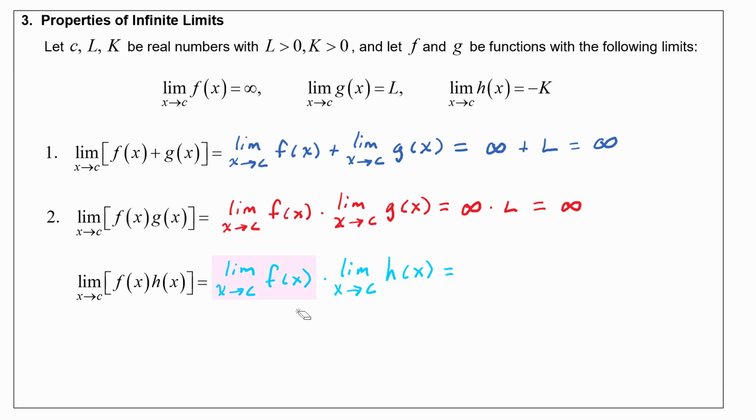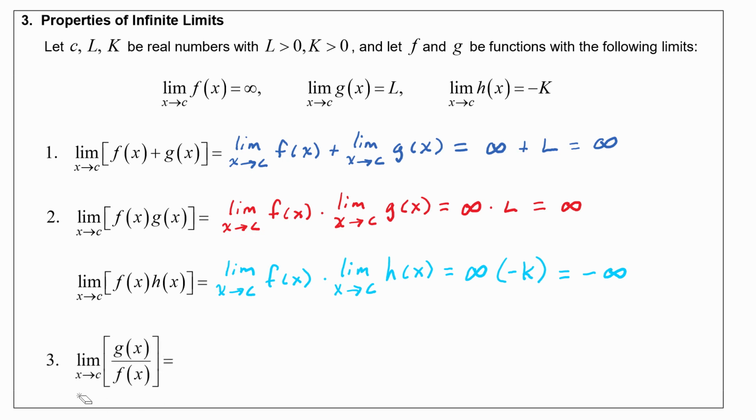This first limit we know is infinity, and this second limit we know is negative k, and infinity times a negative number just gives us negative infinity.